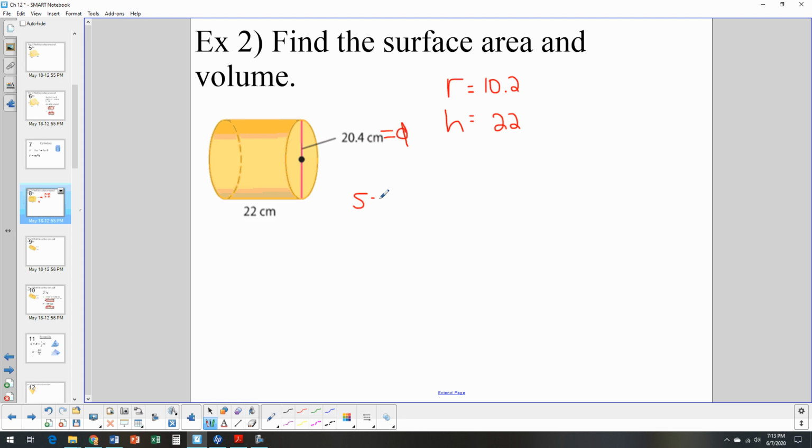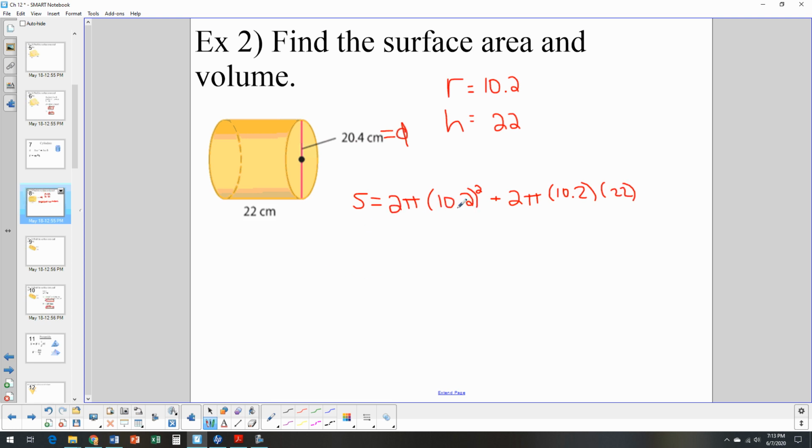So now we're going to plug it into the formula. Surface area is 2 pi times the radius squared, so in this case 10.2 squared, plus 2 pi radius height, so 10.2 times 22.